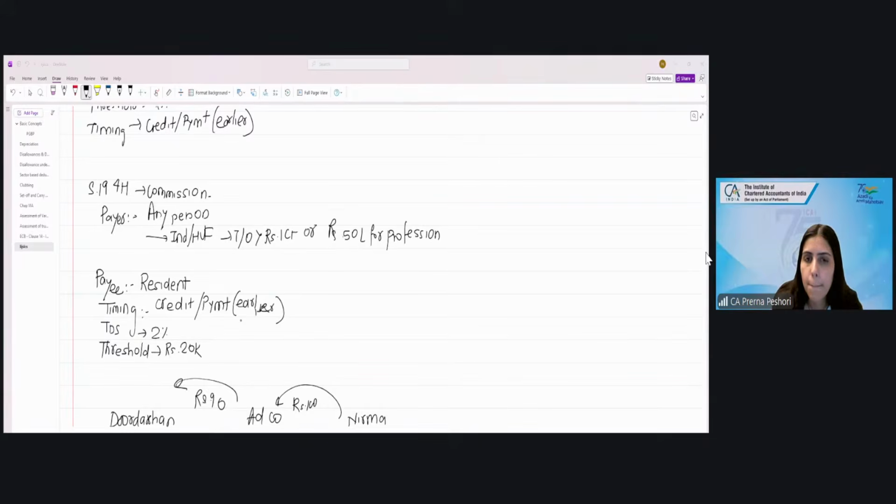And how will we be solving the suggested answers? The RTPs will have old answers if we go by old RTPs. Yes, they will be old, but refer to the RTPs of your relevant attempt. If you are referring to the old ones, just see that your answers are in line with the current developments, which you will have to take into consideration. Thank you, ma'am. Sorry for the disturbance.